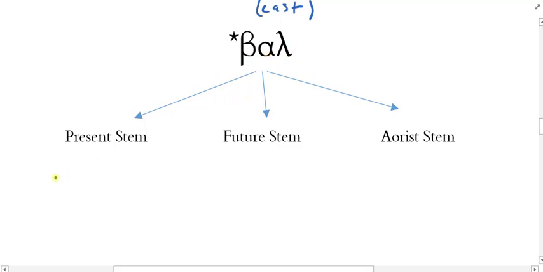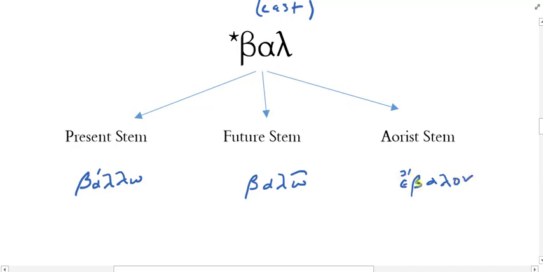Okay, so what is my present tense first person singular form? It's ballo. Okay, the future tense is balo, and the aorist is ebalon.